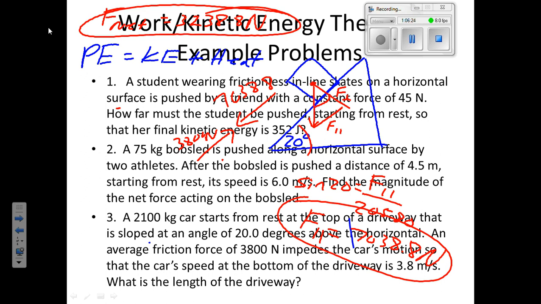So if you know an acceleration, an initial velocity and a final velocity, what equation would work nicely to find the length? You know v, v0, and a. You're looking for a delta x. The squared equation, right? v squared equals v naught squared plus 2a delta x.